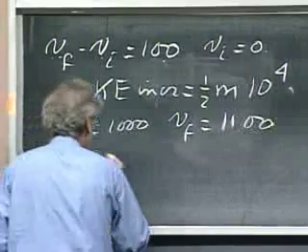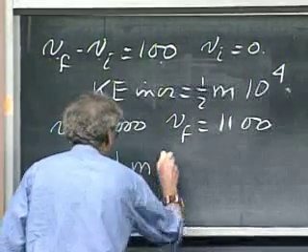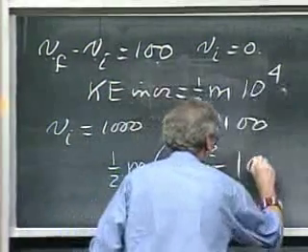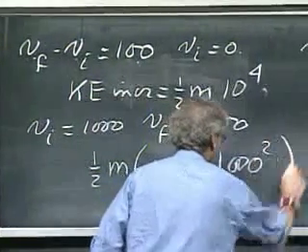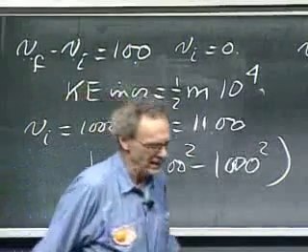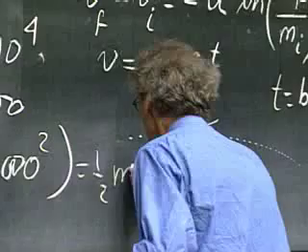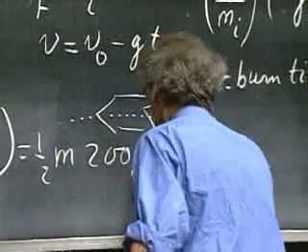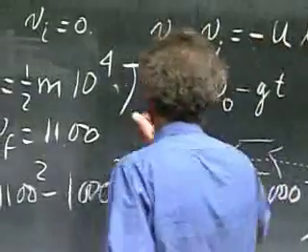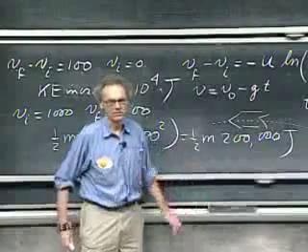So now the increase of kinetic energy equals 1/2 m times 1,100 squared minus 1,000 squared. This is the new velocity, and this was the old one. And this number is 1/2 m times 200,000, in joules, and this is also in joules. This number is 20 times higher.